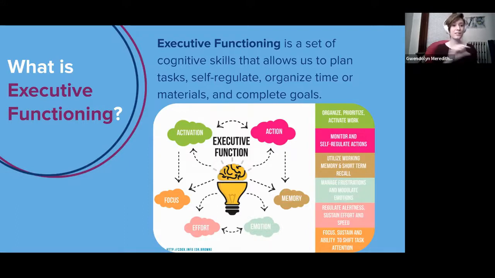But all of these executive functions and cognitive skills help us complete daily tasks. Like I think somebody in the chat mentioned getting your homework and lunch out the door on time in the morning. So the executive functions are those small cognitive skills that work together to help us solve problems and complete these larger regular daily tasks.